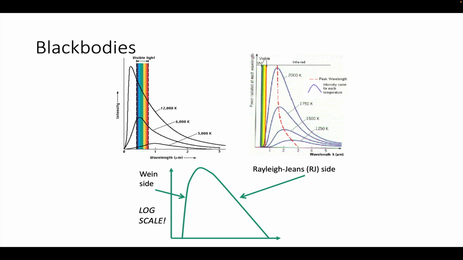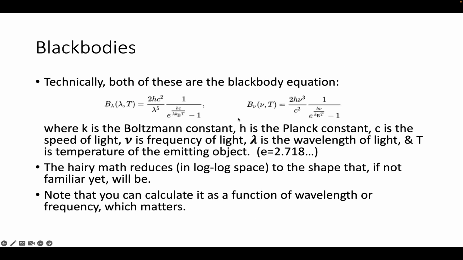And this was both done in the late 1800s, early 1900s. And it was very confusing to physicists for a long time trying to tie together this side of this curve and this side of this curve. And so it took them a long time to come up with a mathematical expression that unified this, that described all of this together. And that hideous mathematical expression are both of these.